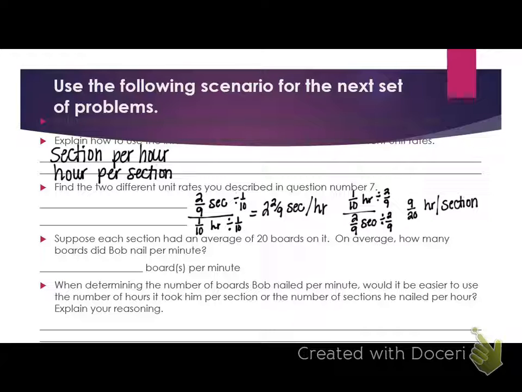The next bullet there says, suppose each section had an average of 20 boards on it. On average, how many boards did Bob nail per minute? So we want to figure out the boards per minute, which correlates to the sections per hour.